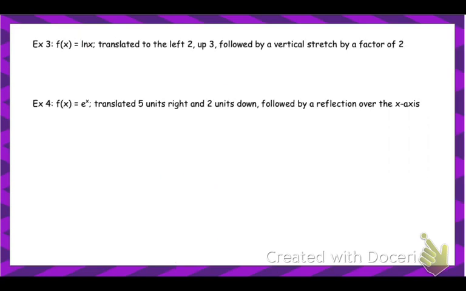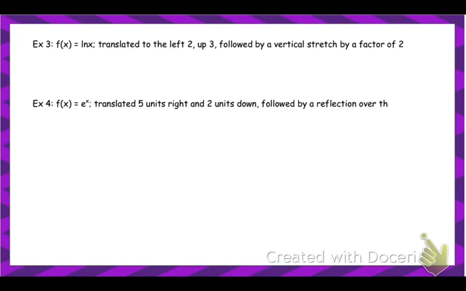All right, the last thing we're going to do is write equations based on transformations. Again, we've been doing this all year. Just a quick reminder, pay attention to the order. The order you apply these transformations in does matter. We're going to start by translating natural log of x left 2. If I'm going left 2, that's going to be plus 2 inside the parentheses. That's f of x plus 2. Then we're going to go up 3.